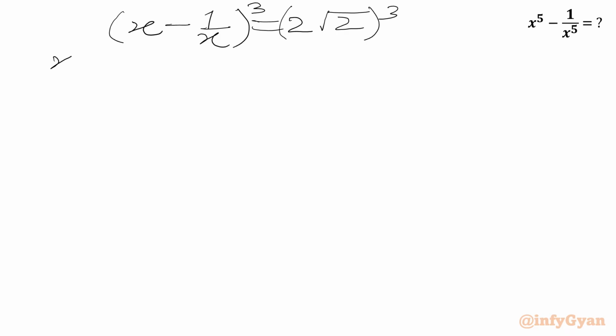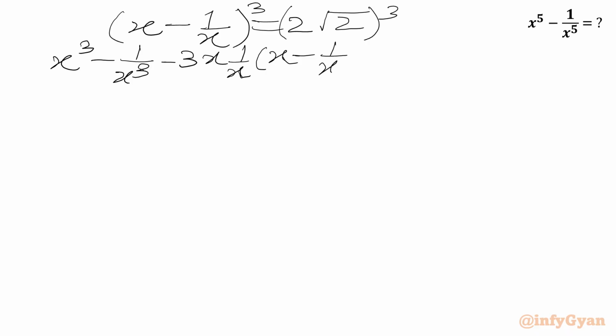So we will write a cube minus b cube minus 3 times x times 1 over x. This is the 3ab term, times x minus 1 over x, a minus b, and RHS would be 2 cube is 8, root 2 cube is 2 root 2. So 8 times 2 root 2 is 16 root 2.